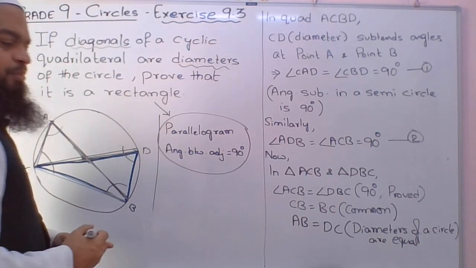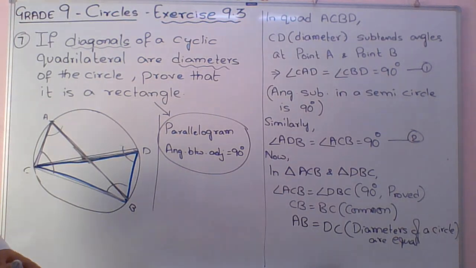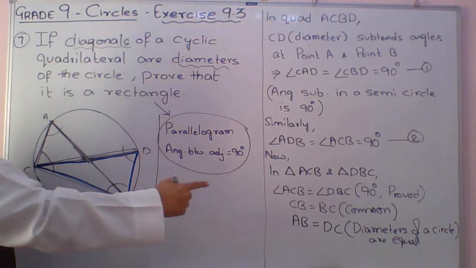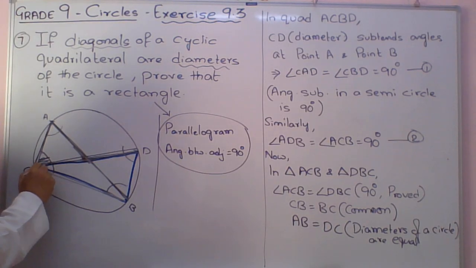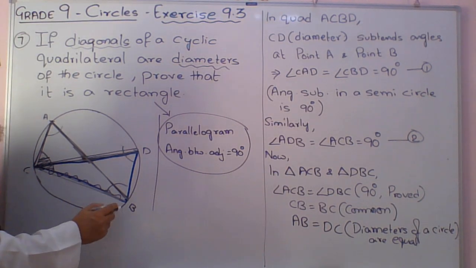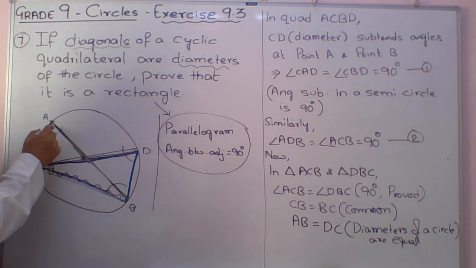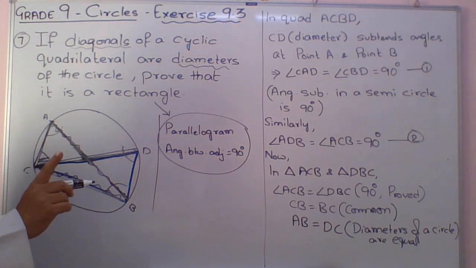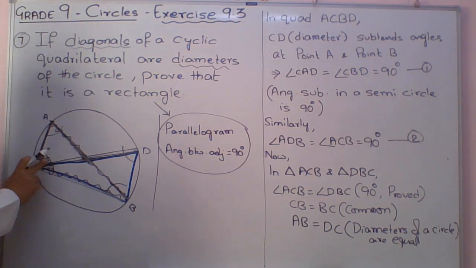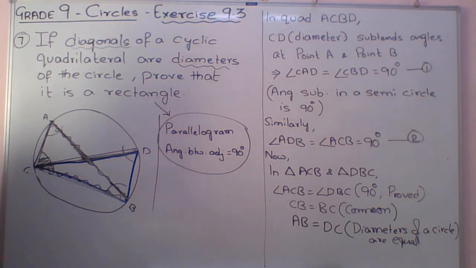So did we get three parts? Yes, we got three parts. Angle ACB is 90, this is CB, and this is AB. Two sides and one angle. Can I take SAS? No, because the angle is not included. So what can I take?